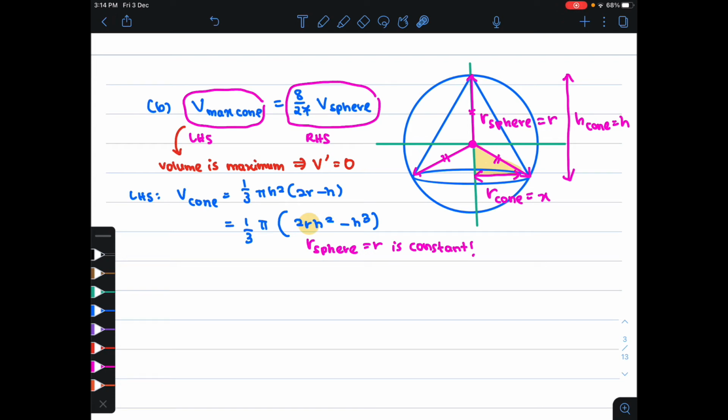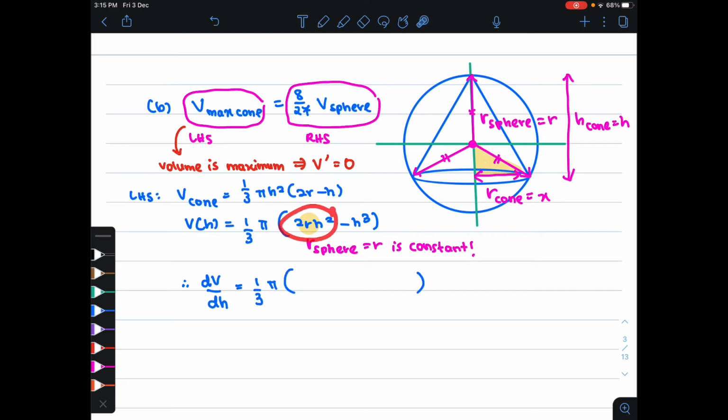Okay? So, actually, our V is in terms of H. So, if we differentiate, we will get dV over dH. Okay? Alright, so, let's differentiate this equation. Constant 1/3 pi, copy back as usual. What we differentiate is the part inside.